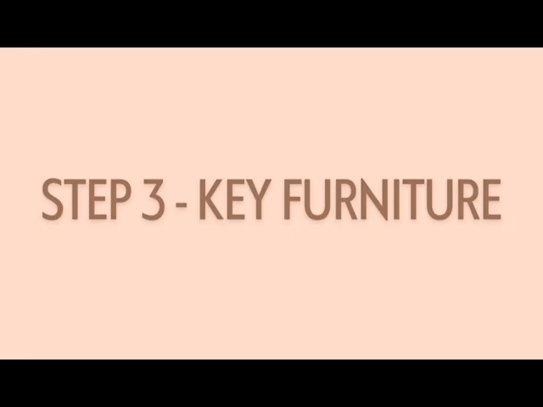Step 3 is key furniture. This is the third step and an important step, and most probably the step that you might be looking for, that is furniture. When it comes to furniture, a key element or a star element, we can say, is your sofa.